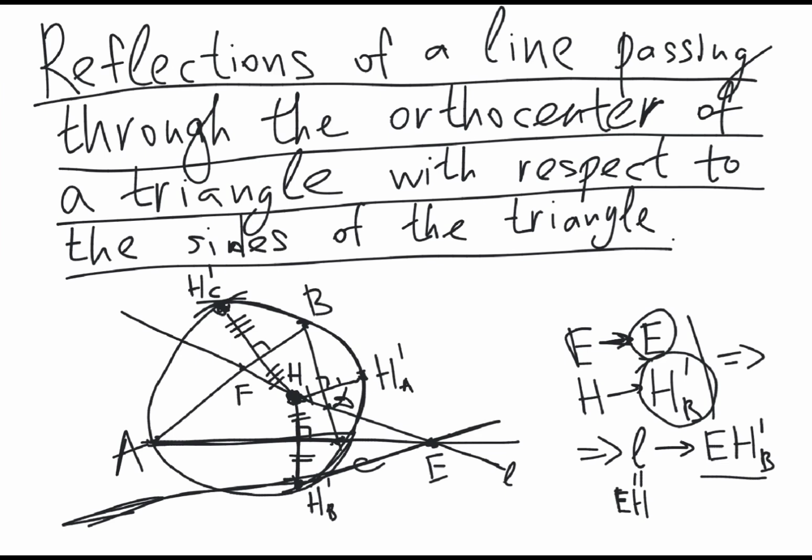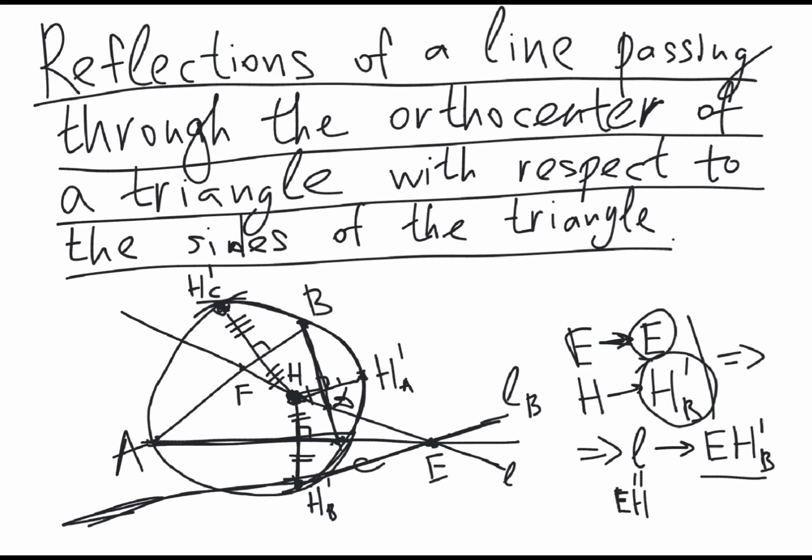The other two reflections are constructed similarly. So we take the intersection points of the line L. Let's call this reflected line LB. Then we take the intersection point of the line L with another side, the side BC, let's say. This is the point D, and we take the reflection of the orthocenter, HA prime.